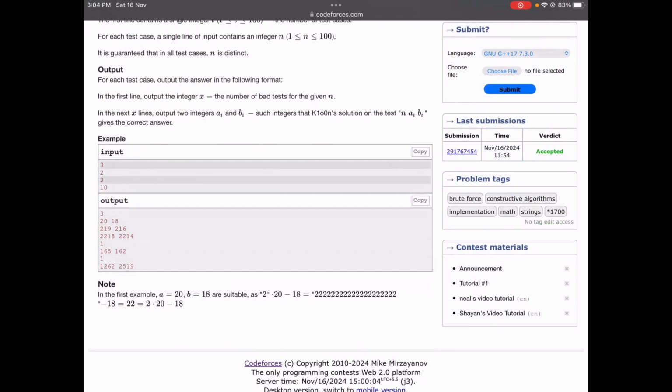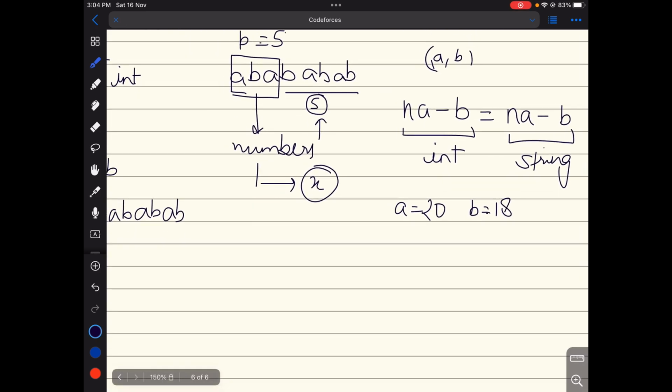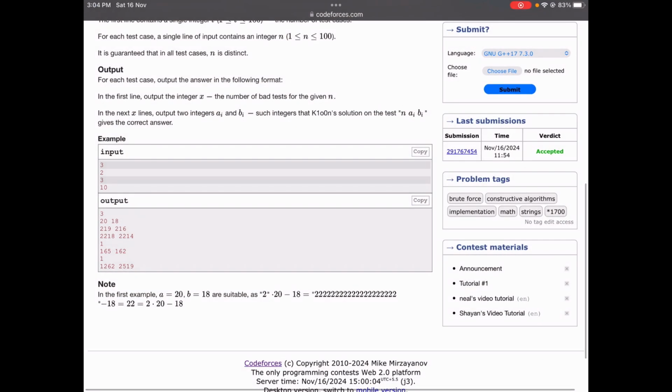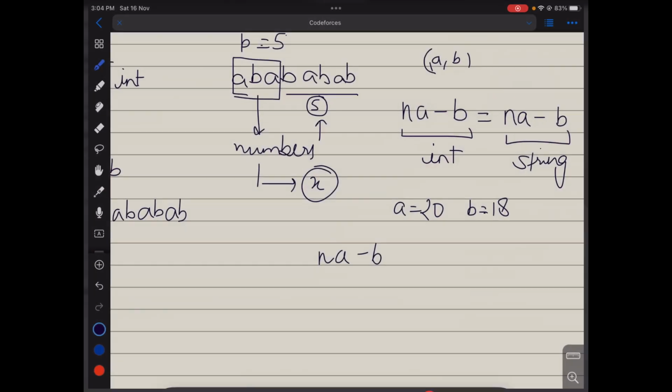Now let's look at this test case, and we have to print the number of such pairs and the pairs as well. In the first example, given n is 20 and b is 18, and if we try to solve it in terms of strings, n a minus b, we will multiply 20 two times, given such as 2 into 20, it would be multiplied, and then 18 would be subtracted.